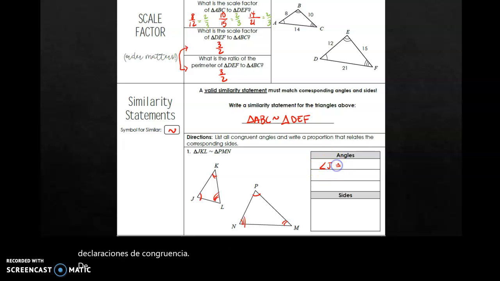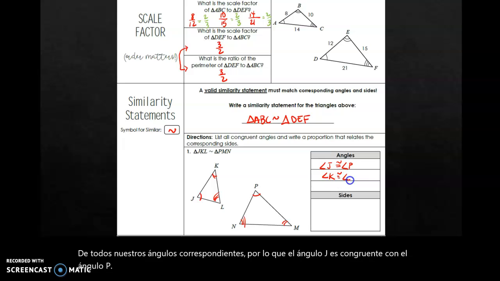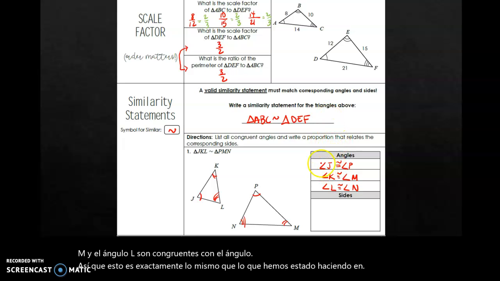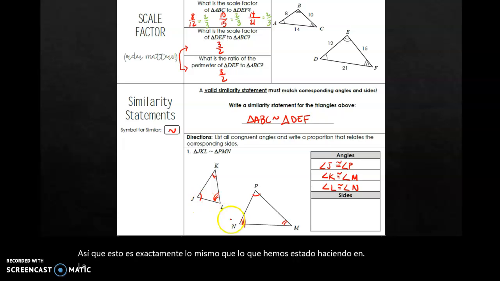So angle J is congruent to angle P. Angle K is congruent to angle M. And angle L is congruent to angle N. This is exactly the same as what we've been doing in the last unit with congruent triangles, just matching up all of the congruent parts that correspond to one another.